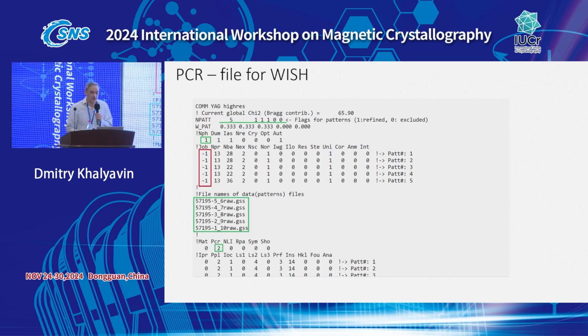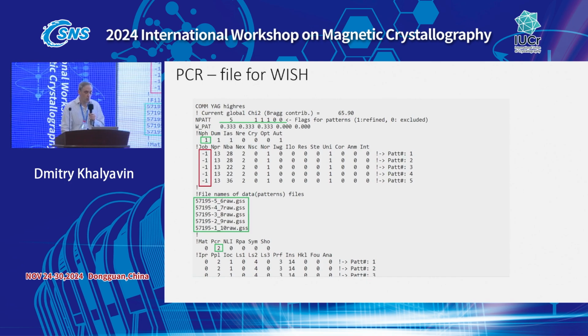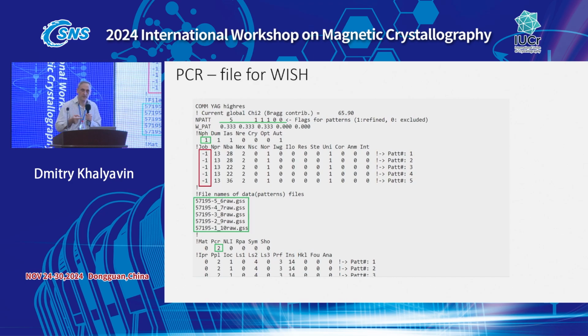Like that, we will keep our initial parameters, and if we don't like what the program has done with our refinement, we can always make a step back, change something in our initial parameters and run it again. Or if this parameter PCR is set to 1, then the program will overwrite the existing PCR file. It all depends on you and how confident you are in what you are doing. For instance, today we'll set it to 1 and just ask the program to overwrite the PCR file for us.